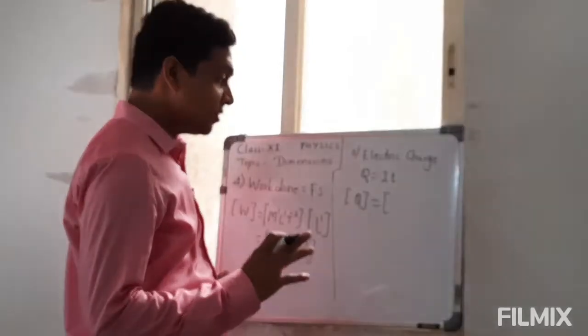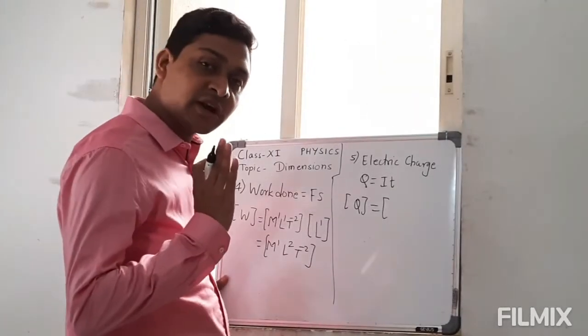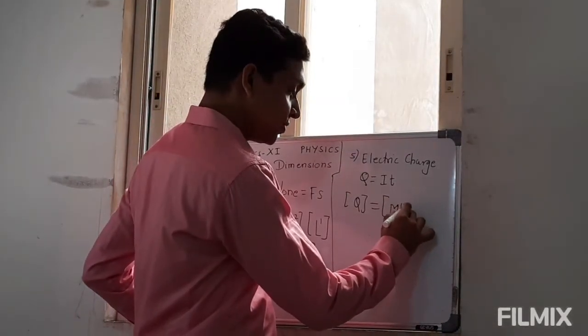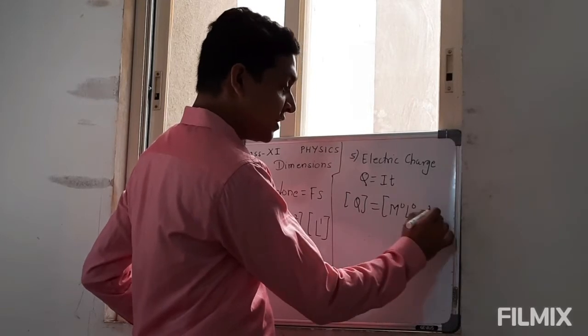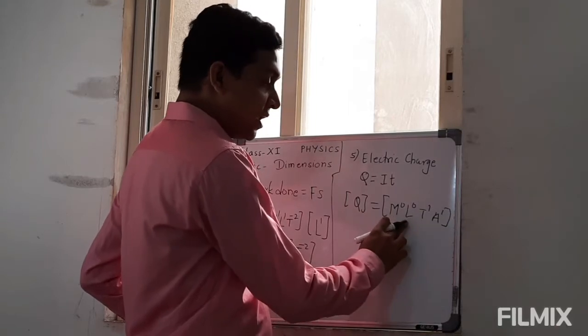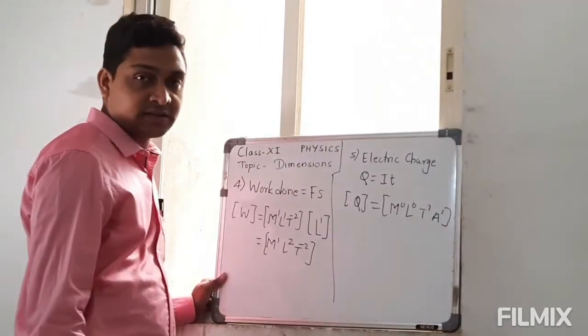But whenever we want to write the dimensions, M and T you should always write. So M0, L0, then the T factor is here, that is T1, and for current we are using A. So M0, L0, T1, A1 are the dimensions for electric charge.